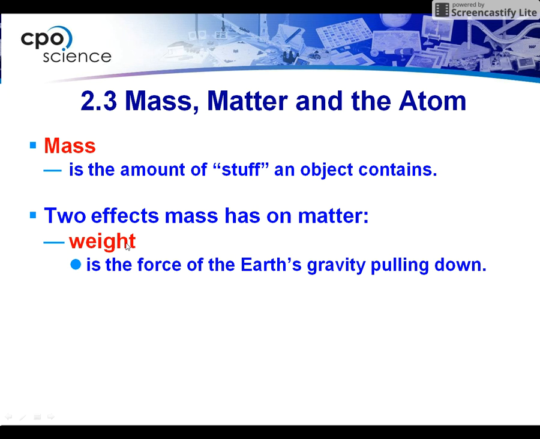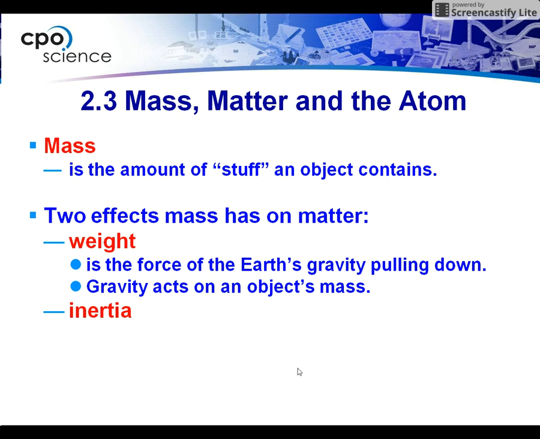Weight is something that happens because you have a force on you. In chapter 5, we're going to make this a lot more important. In this chapter, we just start out with the idea, but in chapter 5, we're really going to make clear the difference between mass and weight by actually calculating what those values are. So gravity acts on an object's mass. That's what really happens there.